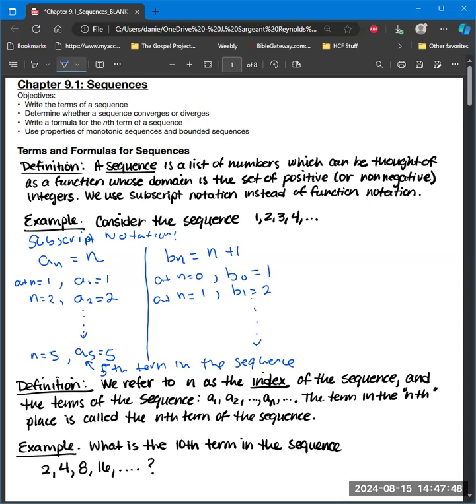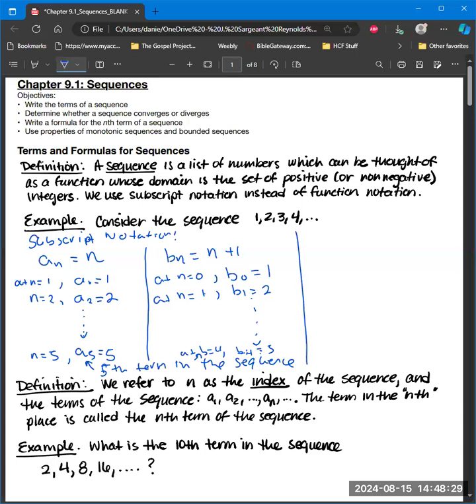So if I wanted to get down here to the 5th term, I'd need n to be 4, since 4 plus 1 is 5. So at n equals 4, I'd still have 5 terms: 1, 2, 3, 4, and this would be the 5th term here. So both of these are the 5th term in the sequence.